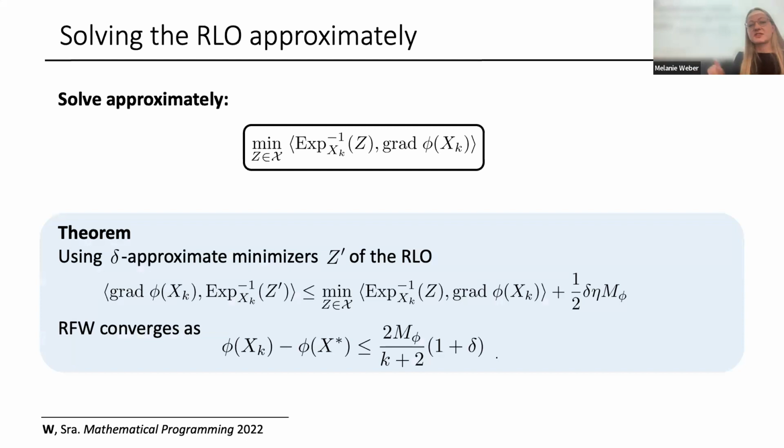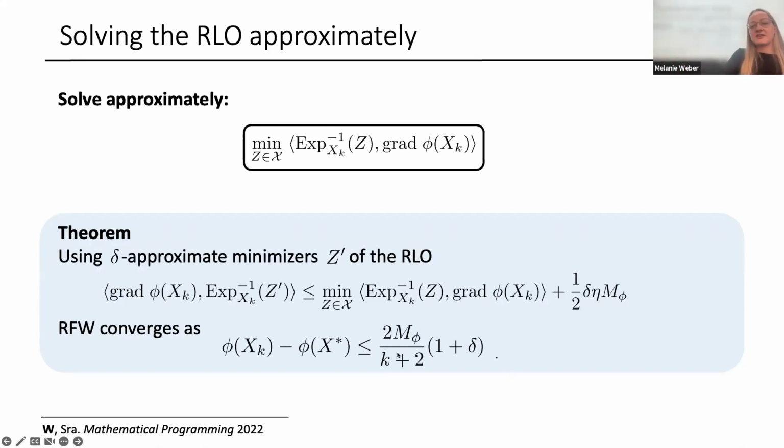If we solve the subroutine approximately, we would just call something like an off-the-shelf numerical solver to solve it. That gives us an approximate solution. And as long as that approximate solution is not too far off, we can show that we retain a good convergence rate.